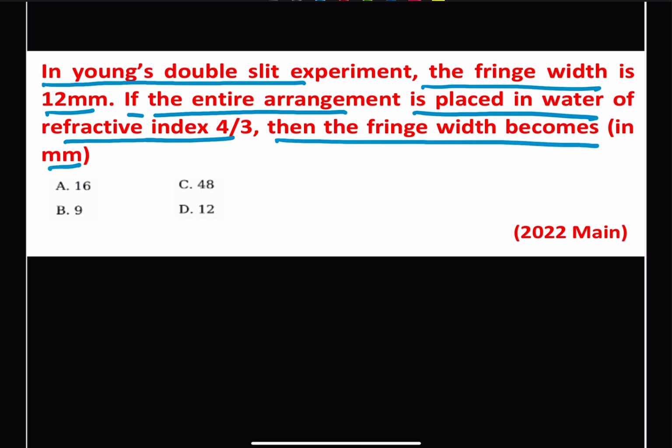So we already know the relationship between the wavelength with respect to the medium, which is having a certain refractive index, and we also know the relationship between our fringe width as well as the wavelength. So we can just use these two relationships.